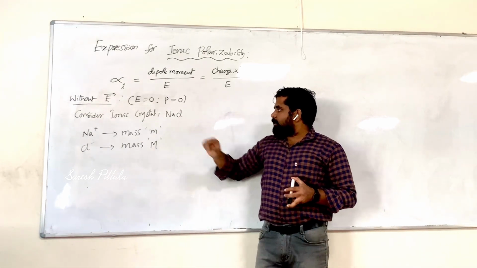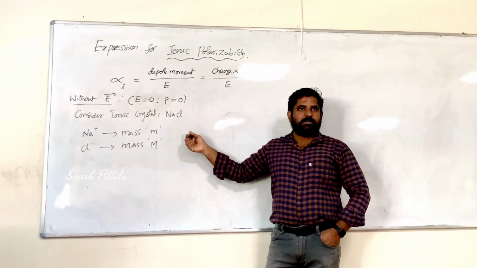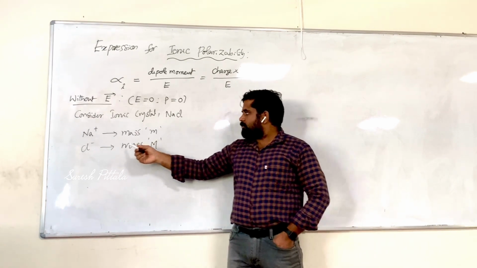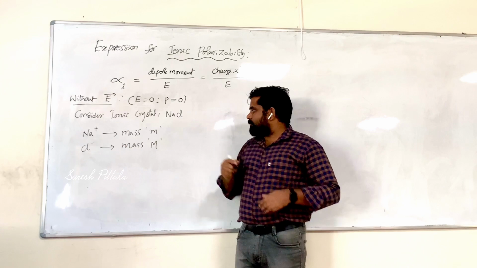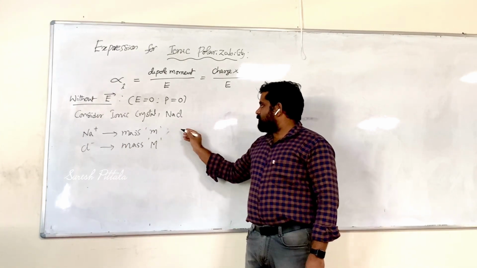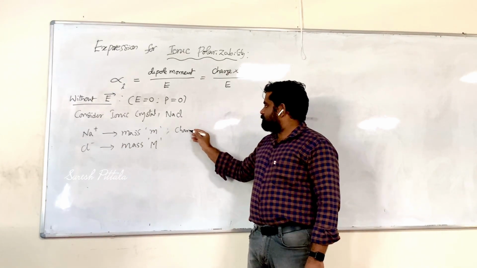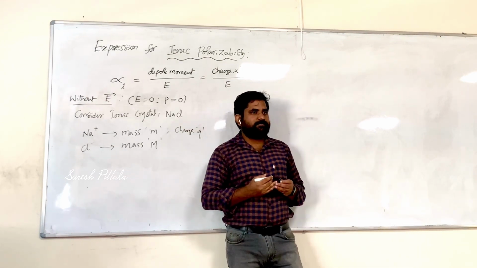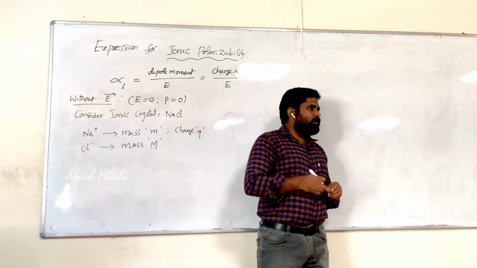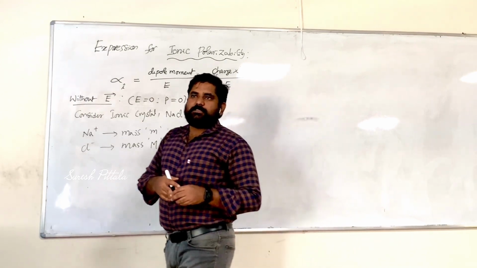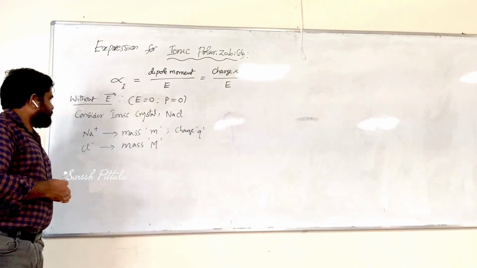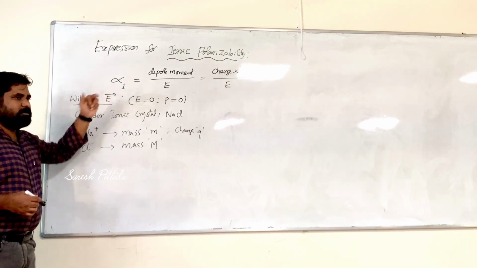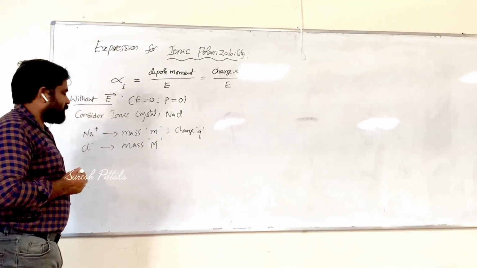So let us consider any ionic crystal, typically NaCl. Then Na has mass m, and let us take charge Q. One is plus Q, the other one is minus Q. So charge Q, mass small m and capital M. Now you are looking at what happens when there is no electric field.